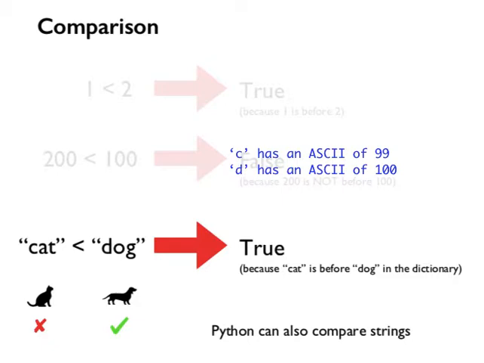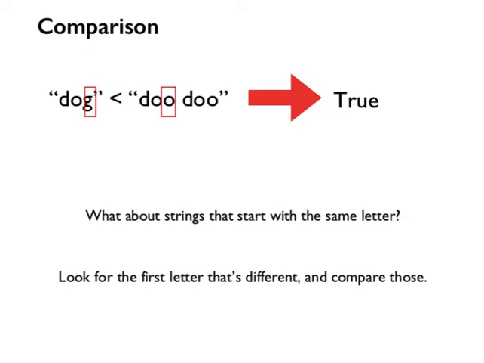And then when we compare words like cat to dog, we know that cat is less than dog because cat comes before dog in the dictionary. But the reason why that's going to be true in Python is because when we compare the ASCII value of lowercase c with the ASCII value of lowercase d, we find that the ASCII value of c is 99 and the ASCII value of d is 100.